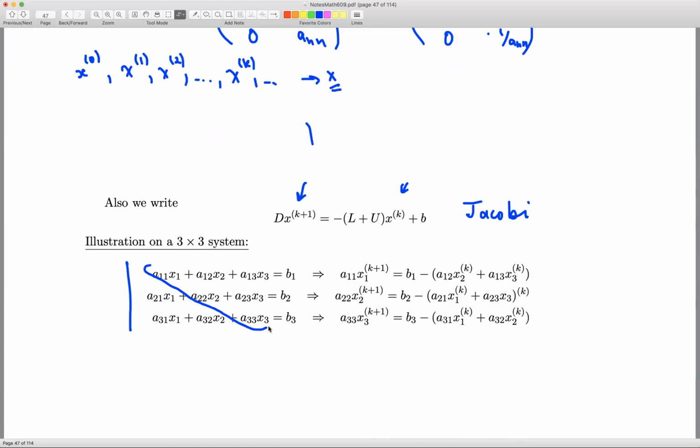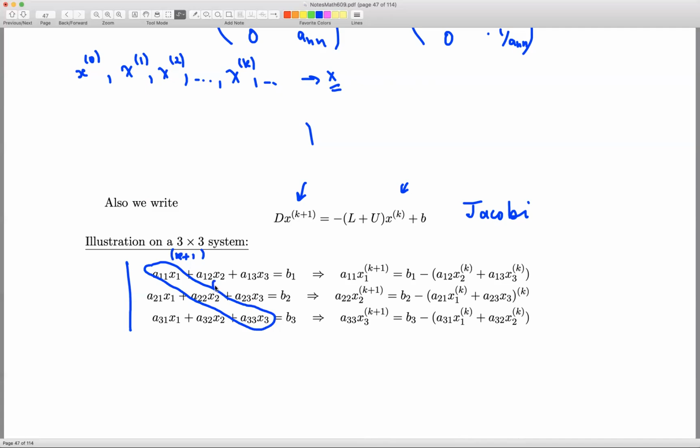We leave them on the left-hand side, and all the x's associated with the a's that are on the main diagonal get the superscript k+1.